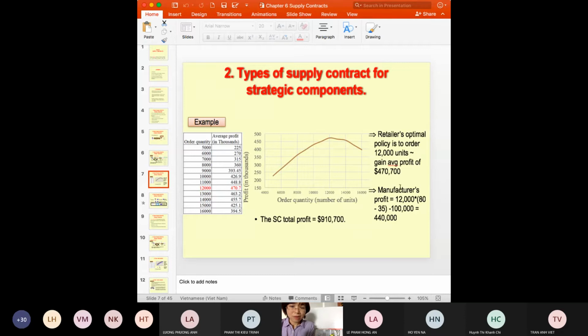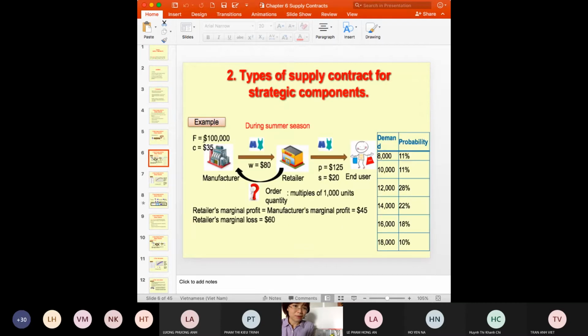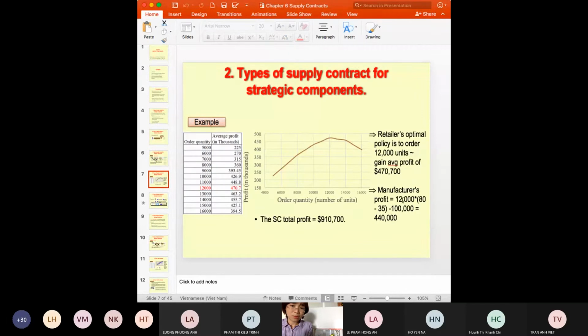And the manufacturer's profit is calculated here. You take the selling price minus the variable cost, and after that you minus the fixed cost, times 12,000. So you have the profit here.